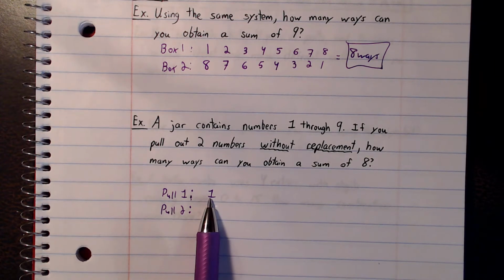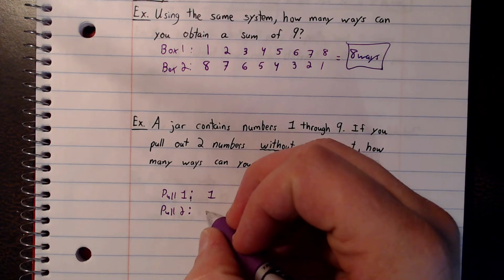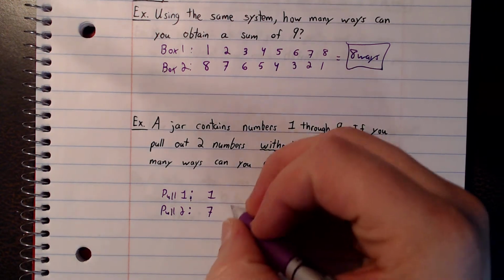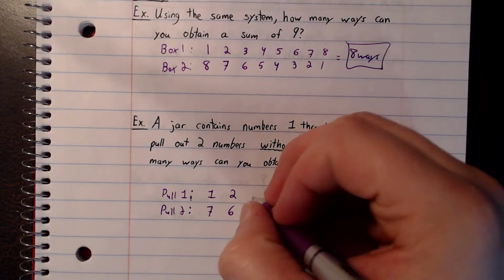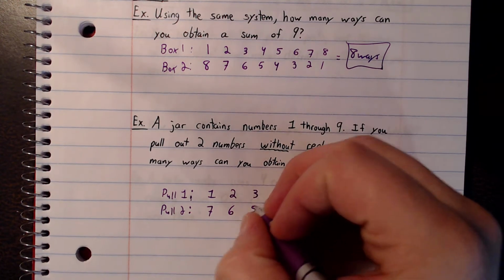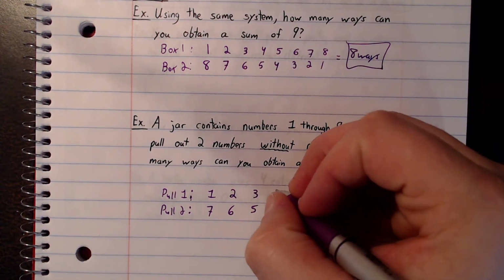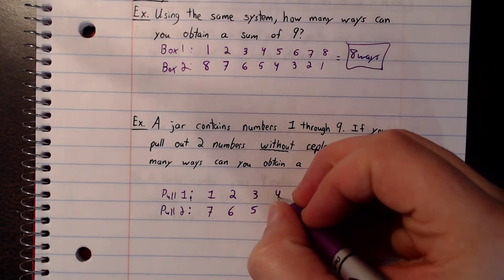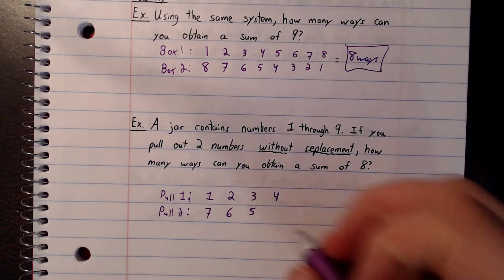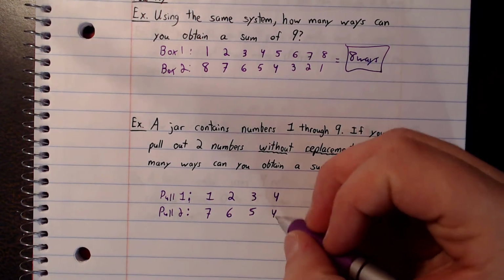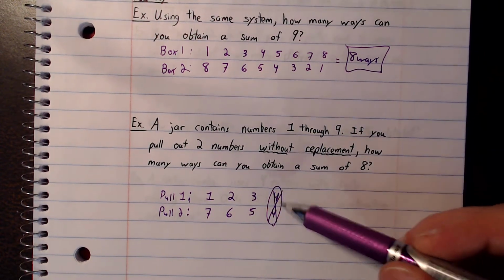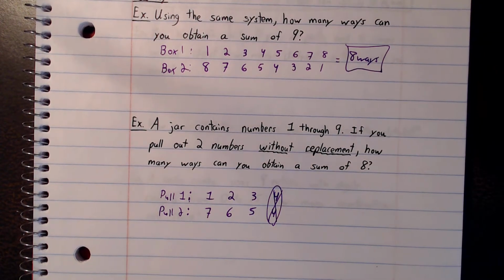So if I pull out a 1, in order to get a sum of 8, I'd have to pull out a 7. If I pulled out a 2, I'd have to pull out from the second pull a 6. A 3, I'd have to pull out a 5. If I pulled out a 4 from the first pull, I would have to pull out another 4 to make 8. But that's not possible because I never put that 4 back into the jar to pull it out again, right?